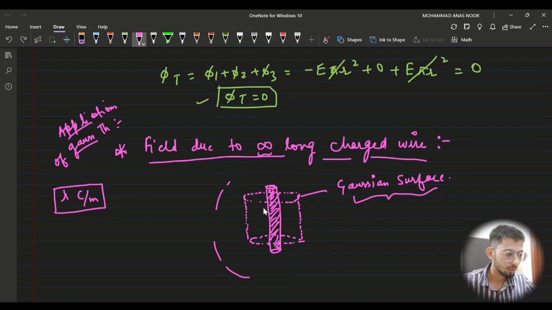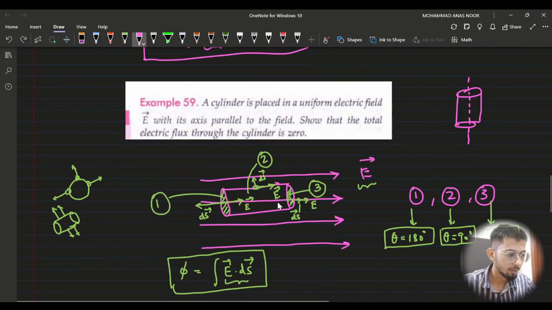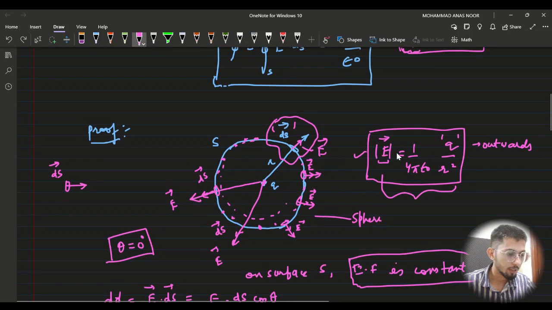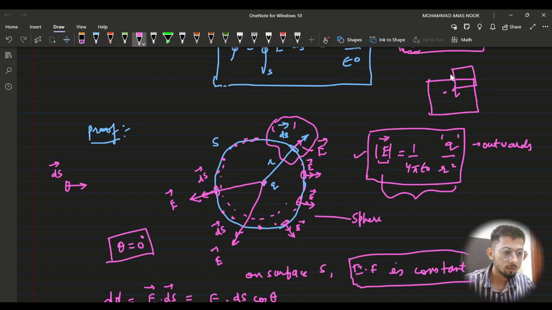But these are the things that we'll study later on. When we were proving the Gauss theorem, we used the spherical Gaussian surface. You could have asked why we have not assumed this charge inside a cuboid, or inside a pyramid. This is the thing that we'll study later on.